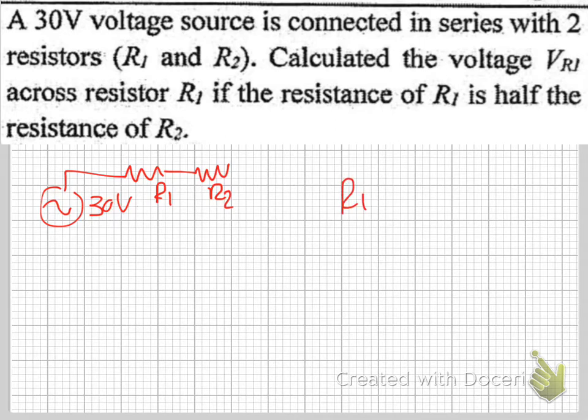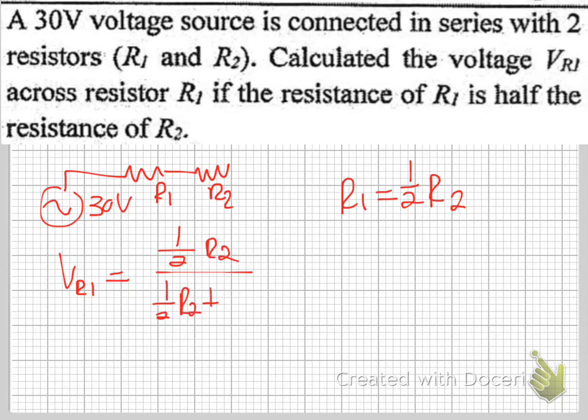So R1 is equal to 1 over 2 R2. So V of R1 is equal to half R2 over half R2 plus R2 multiplied by your voltage source, V of S, your 30 volts.